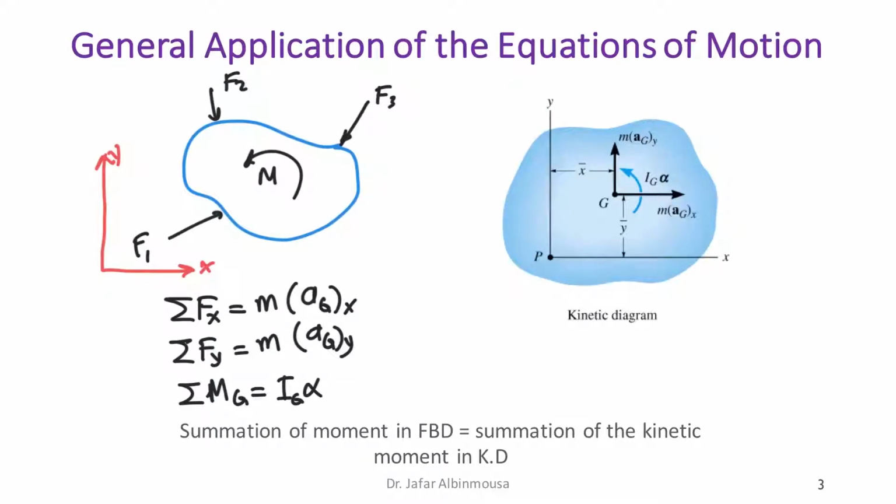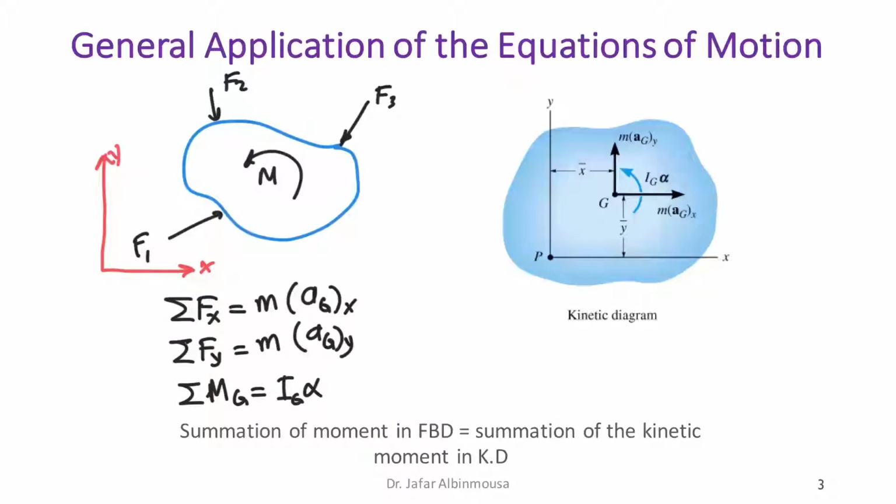So this rigid body will have its center of gravity right here, and this vector m a_Gx is shown here, and this vector m a_Gy is shown over here, and this vector I_G alpha is shown over here.